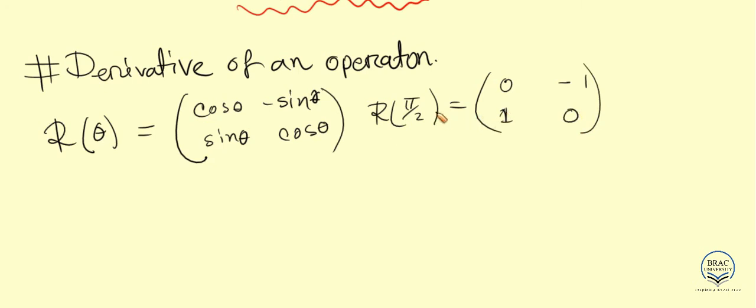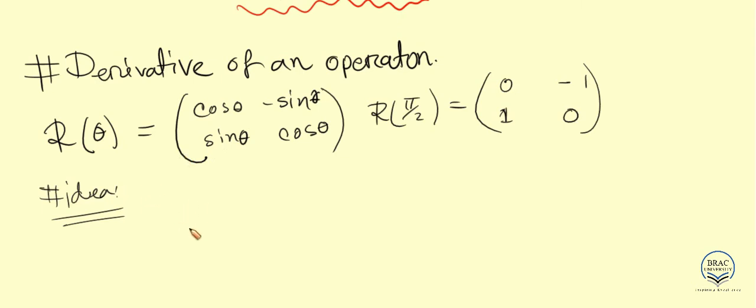So as you change the parameter, the values of the elements in the matrix are also changing. So the idea to define a derivative of an operator comes from these parameters. That is, since the parameters can vary, we can define a derivative using the parameters.